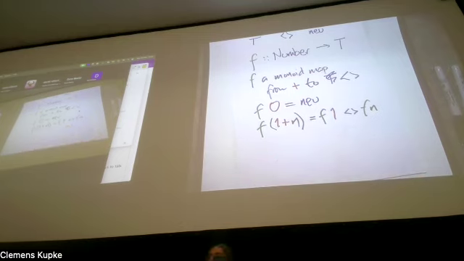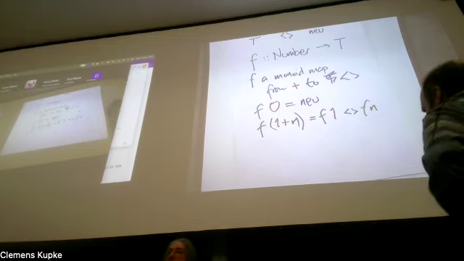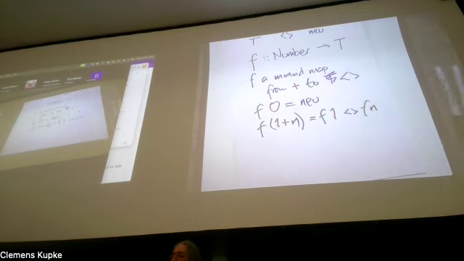And this tells you something important: if you know you've got a monoid map out of plus, you know that the only interesting information is where 1 goes. That tells you something nice as well.